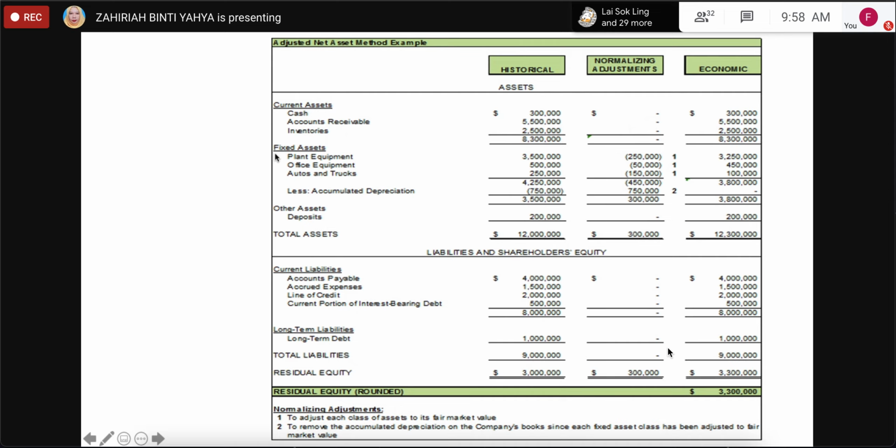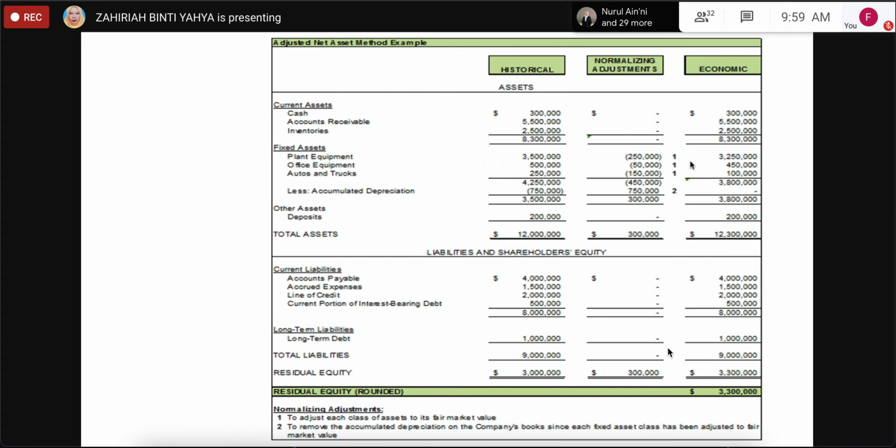Selalu yang kita buat adjustment is on the fixed assets ya. Fixed asset, plant and machinery ya. Kalau historical dia ya, kalau kita beli plant and machinery at 3.5 million, 2 years ago. So we want to value now. The value tak sama dah sekarang kan?